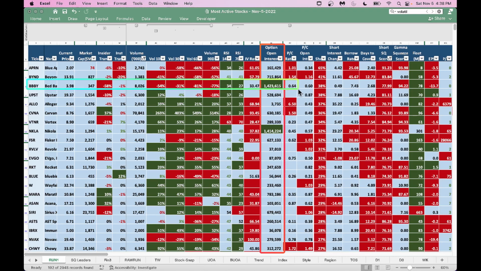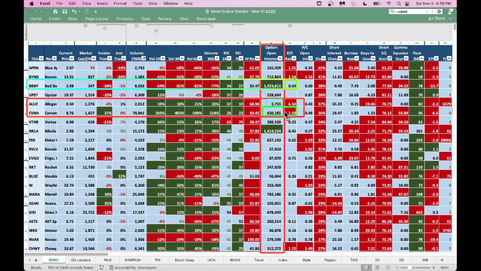And put call ratio 0.64 tells you from a put call ratio perspective it's bullish. It's below 1, as you can see here. On the other hand, we got two more here, Allo and Carvana, especially Allo. Look, it's not too much option interest here, whereas Carvana has some option interest. But look at the put call ratio. A lot of people are bearish on this one. That's why the put call ratio is very high.